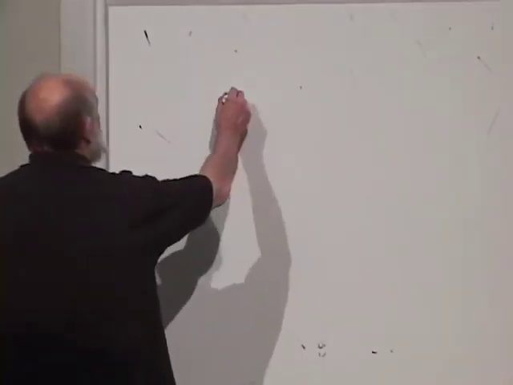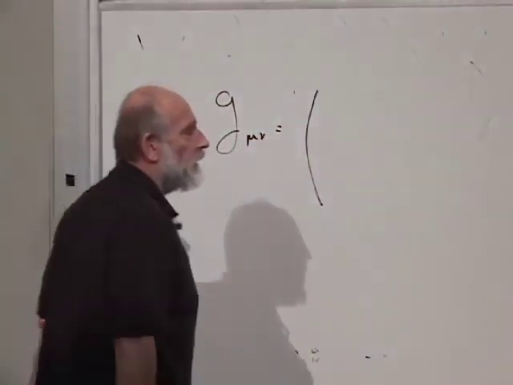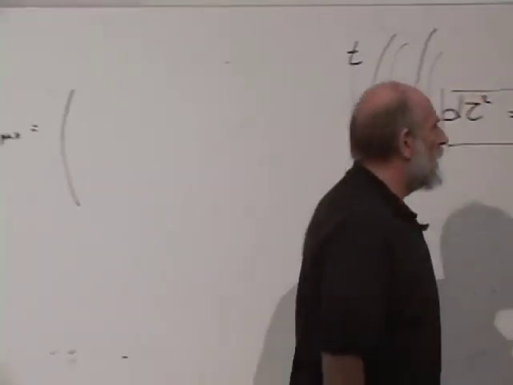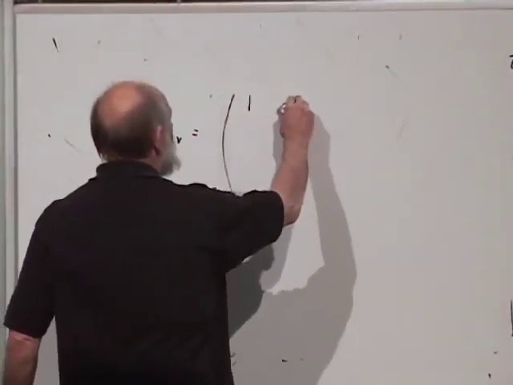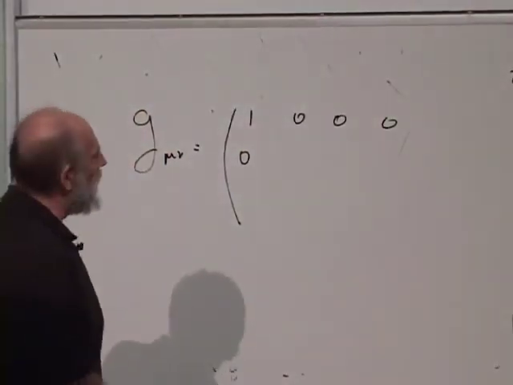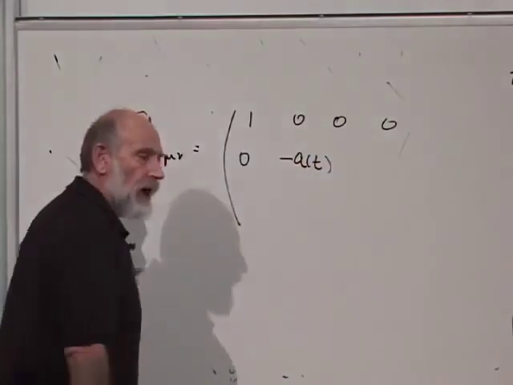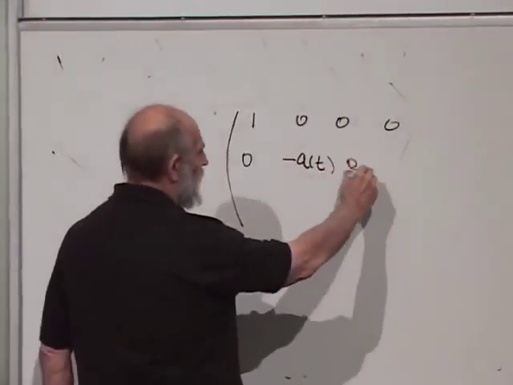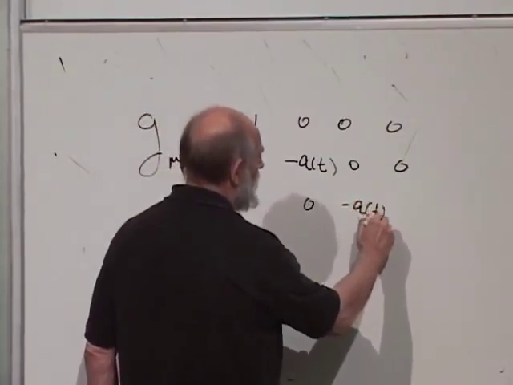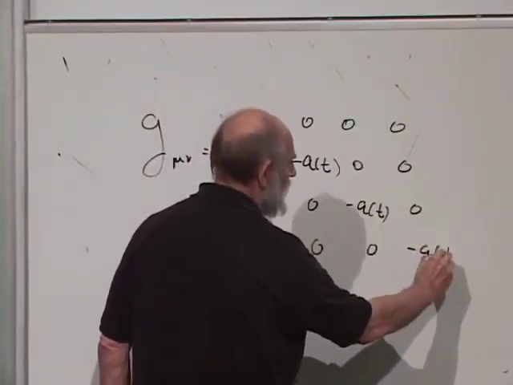It corresponds to g mu nu equal, instead of 1, minus 1, minus 1, minus 1, let's write 1, 0, 0, 0, 0. Now instead of minus 1, let's write minus a of t, where a of t is time dependent. 0, 0, 0, 0, minus a of t, 0, 0, 0, 0, minus a of t.